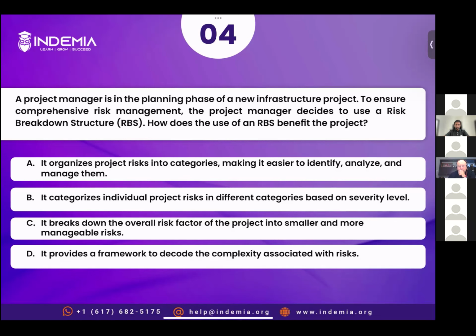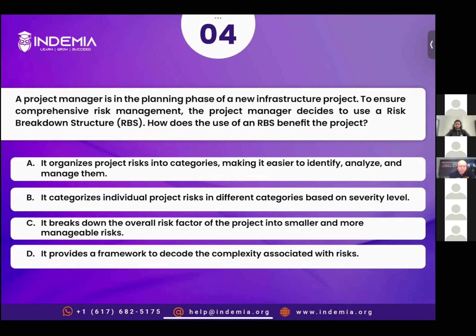But the other levels of severity and impact and the other metrics can help us manage a smaller part. I'm not sure how we can do that, and complexity may not be addressing it either. So I thought A is a better option because identifying, analyzing, and managing them becomes easy. All right, thank you for the detailed explanation.